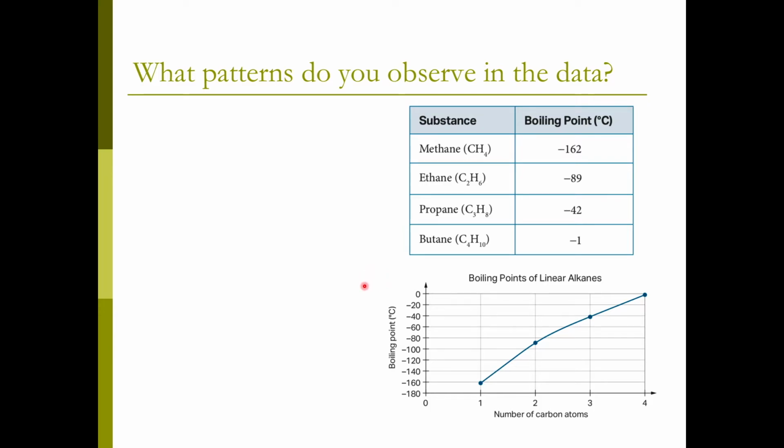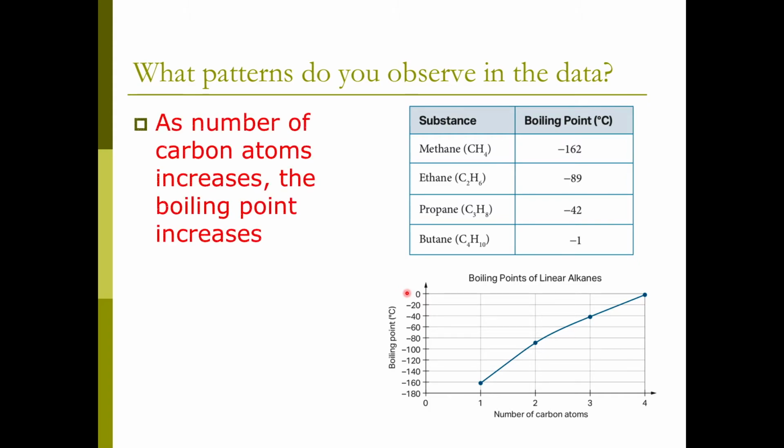So what patterns would you observe with these alkanes? You have methane, ethane, propane, and butane. You can see that the length of the carbon chain increases. So what patterns did you see? Well, you could say that as the number of carbon atoms increases, the boiling point increases.